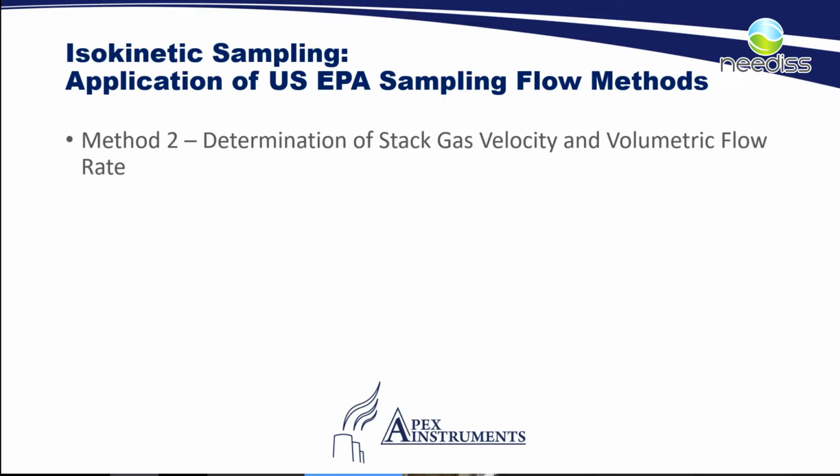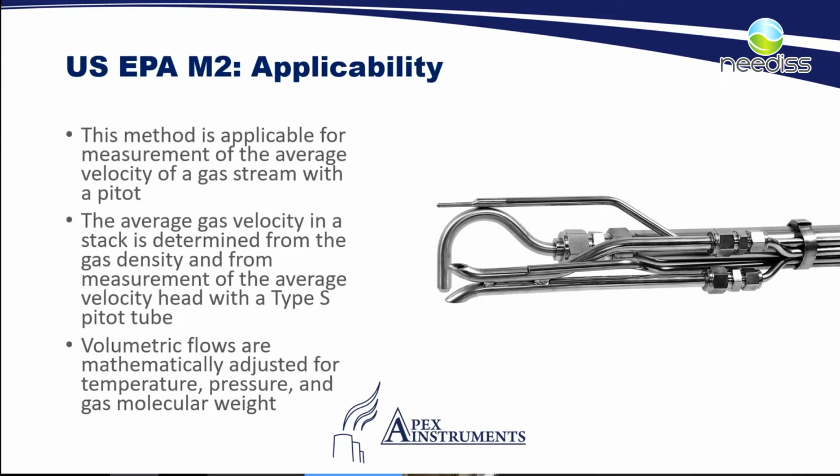And again, as you know, you perform this method 2 to use some of this information for the determination of your nozzle size, for the determination of your K factor, and other parameters within your isokinetic sampling.